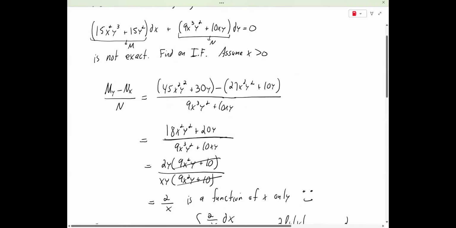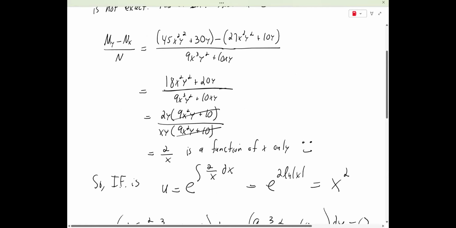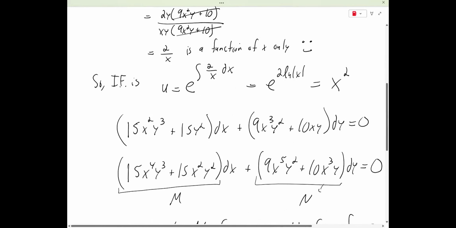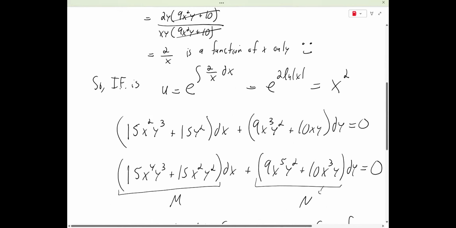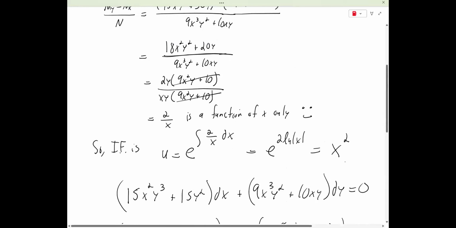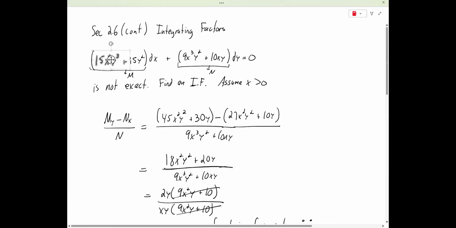It can't be a mistake here, I don't think. Well, let's see. Integrating factor x squared. Let me go through this here.